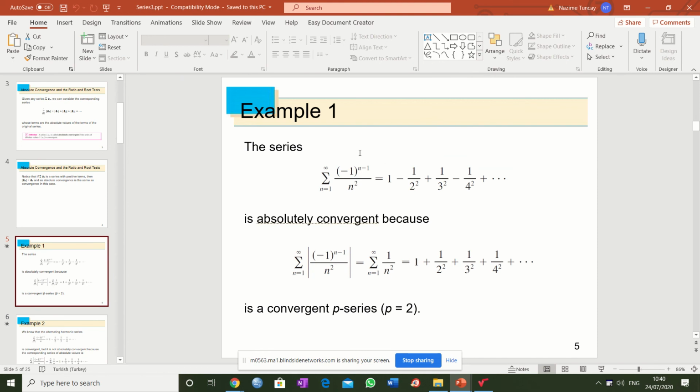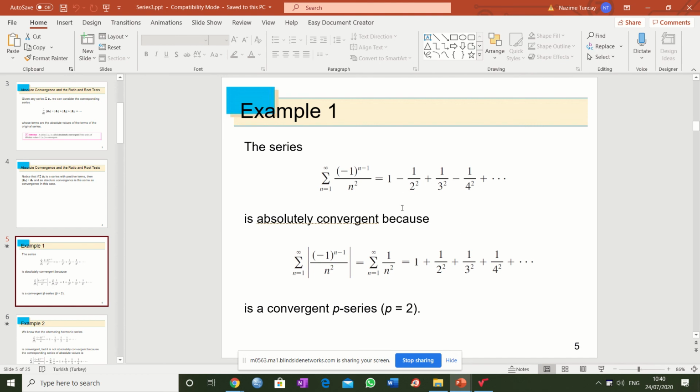This type of series takes absolute values. Here you can see that this is another formula, and this is an infinite series. When n equals 1, it is 1. When n equals 2, it is this value. So we put values and we get this series.